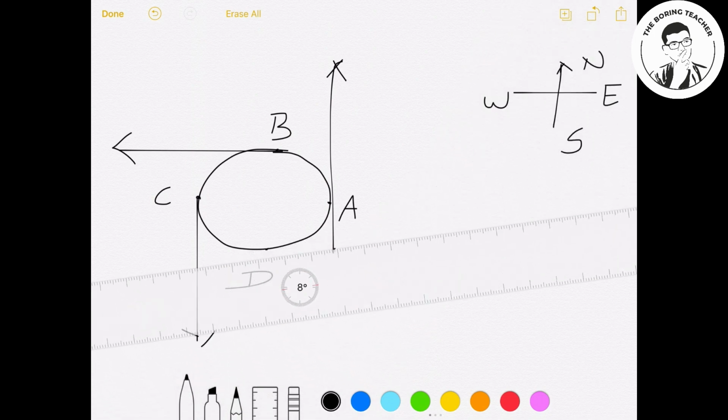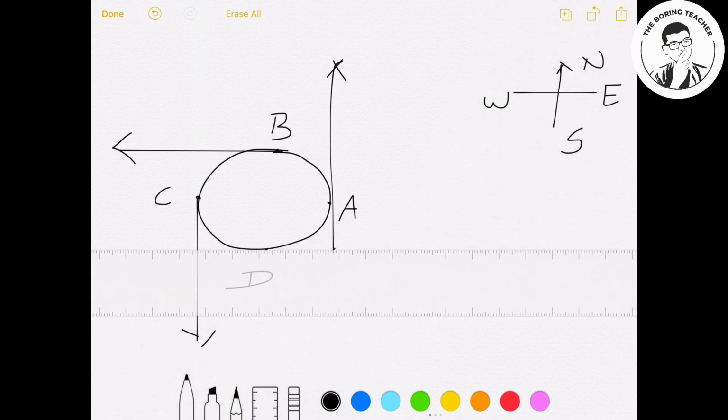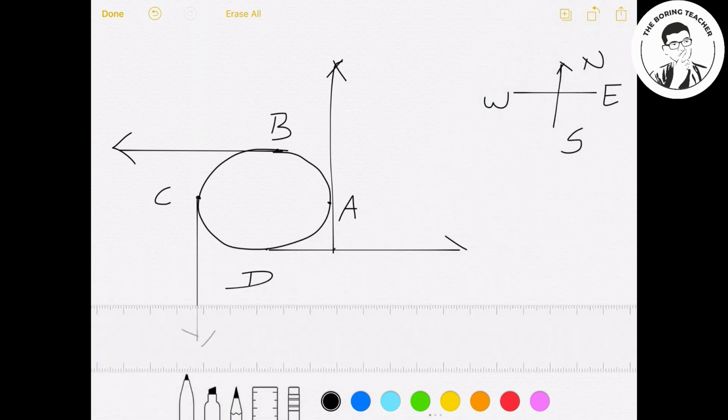And at point D, if we draw a tangent, the particle's direction will be in the east. So the particle changes direction at each and every point of time on the circular motion. That means the speed remains the same, but the velocity is variable, and that is how it is an accelerated motion.